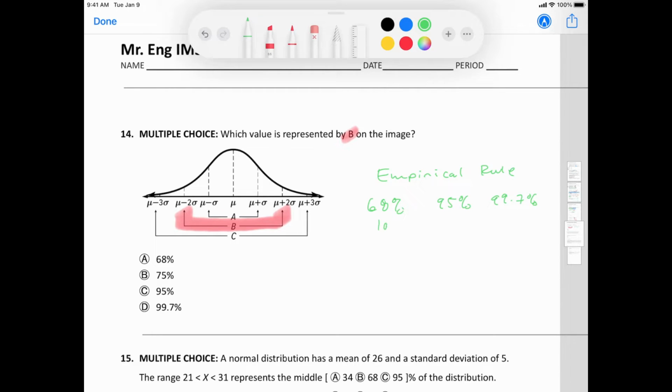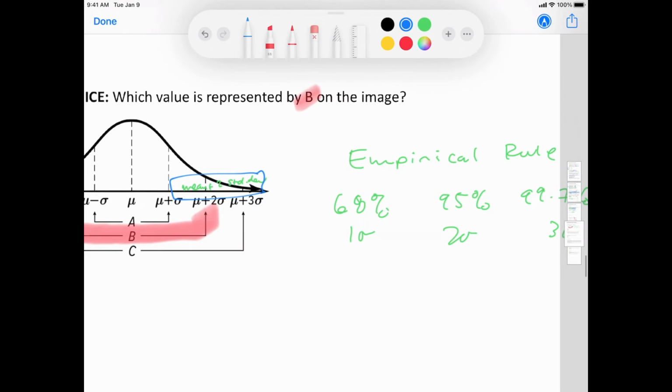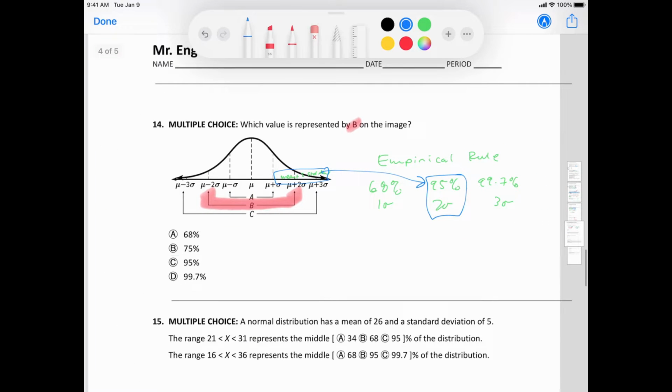And that represents 1 standard deviation, 2, and 3 standard deviations. So it says the mean plus 2 standard deviations. And this idea here would represent 95% of our data. So C.